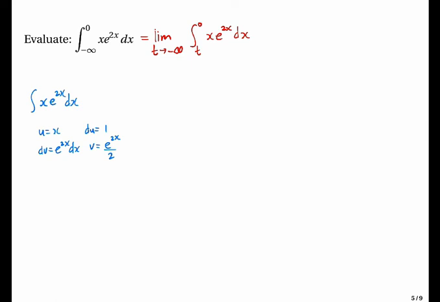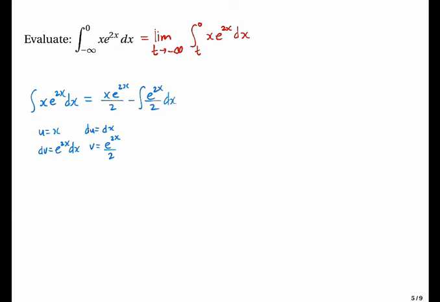Therefore, we have uv, so x e to the 2x divided by 2, minus the integral of v du, so e to the 2x over 2 dx.